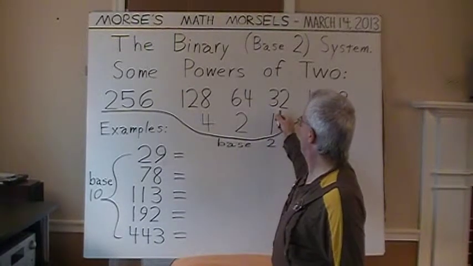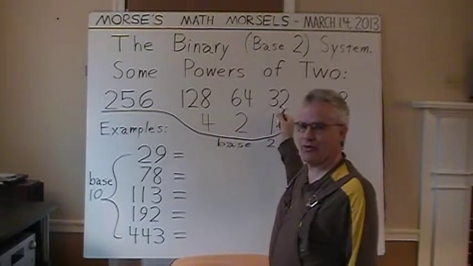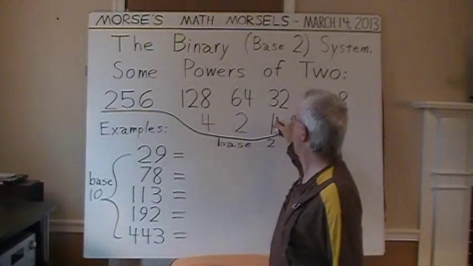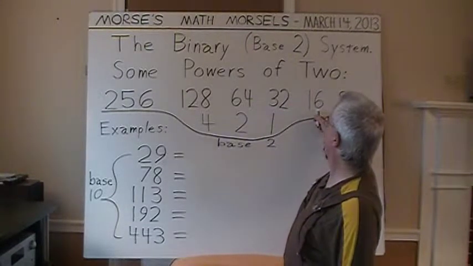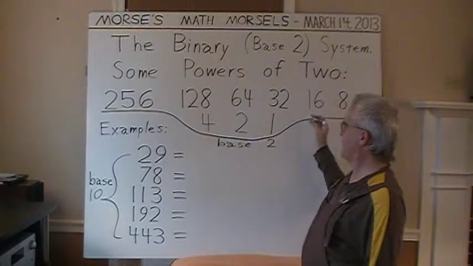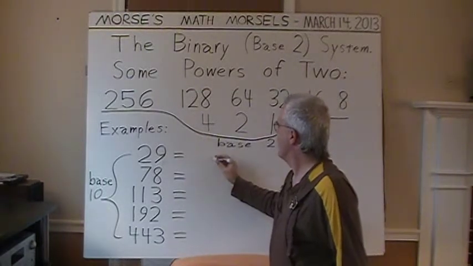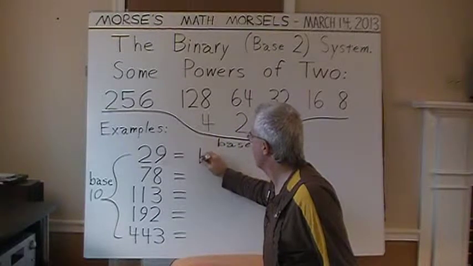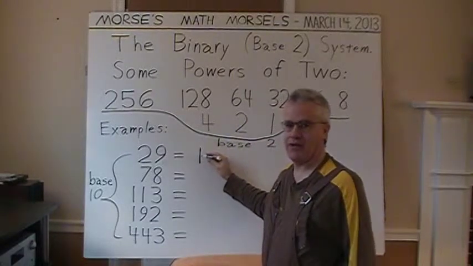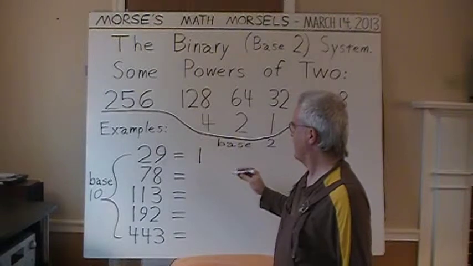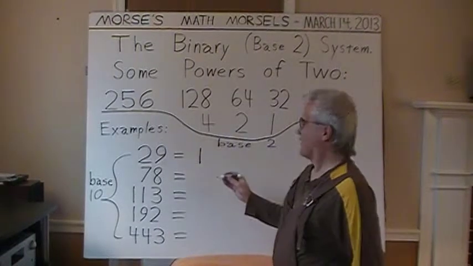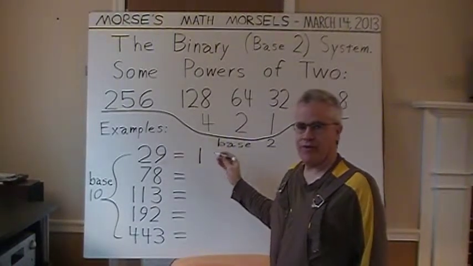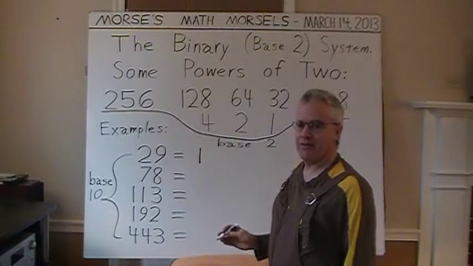See, it's not quite 32. 32 is just a little too large to fit into 29, so we need to go down to the next lower power of 2, the 16. Since we have a 16, I'm going to write the digit 1, and this 1 will represent one 16. And then take 16 from 29 to yield 13.